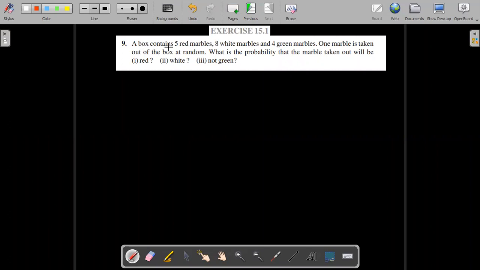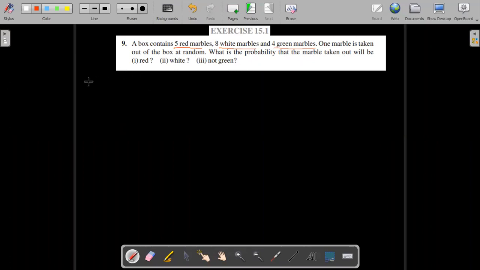A box contains 5 red marbles, 8 white marbles, and 4 green marbles. One marble is taken out of the box at random. Find the probability that the marble taken out will be red, white, and not green. Not green means you have to find the green, and then 1 minus that.